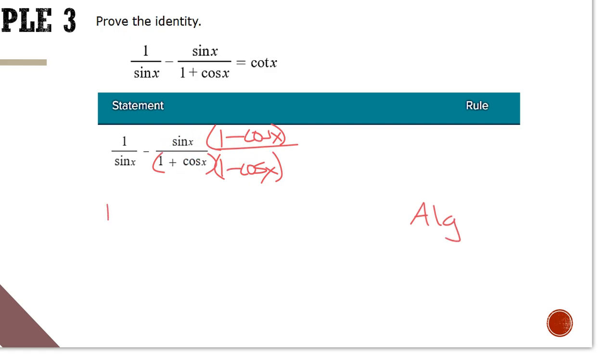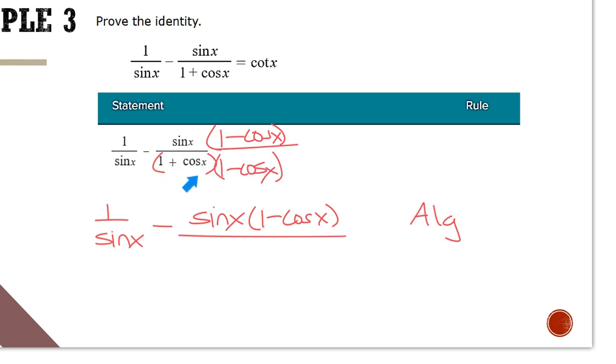We still have this 1 over sine of x that we didn't change, and the top will be sine of x, and this will be 1 minus cosine of x on the top. And the bottom, if I distribute out conjugates, we get positive 1, and then the insides minus cosine and plus cosine cancel out, and we're going to be 1 minus cosine squared of x.